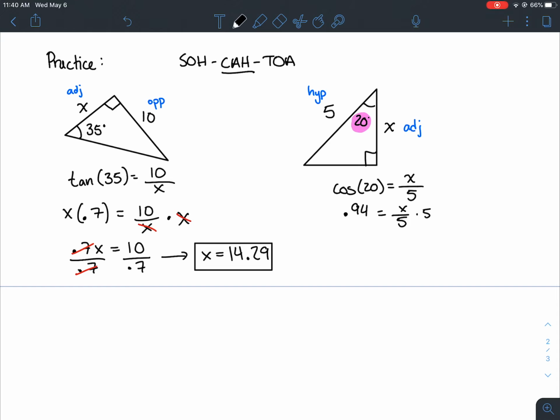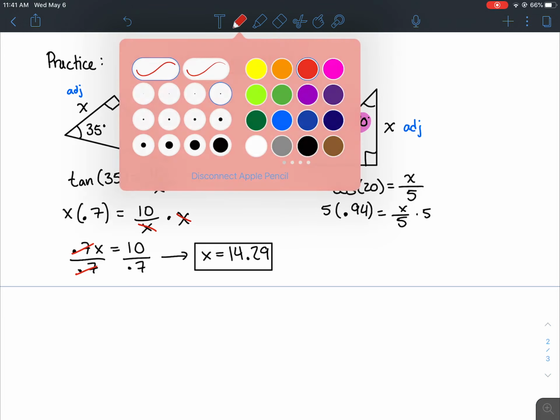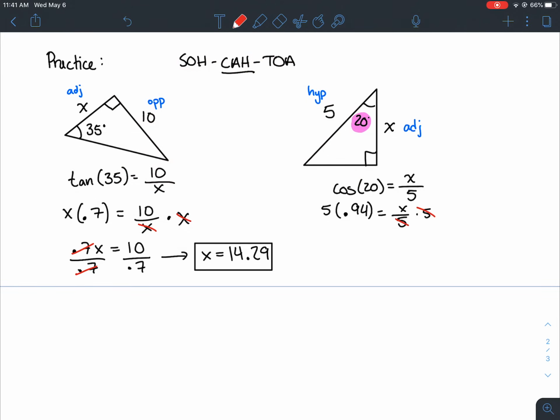I need to multiply each side by 5 to get that to cancel. And now I have 5 times 0.94, which gives me 4.7.